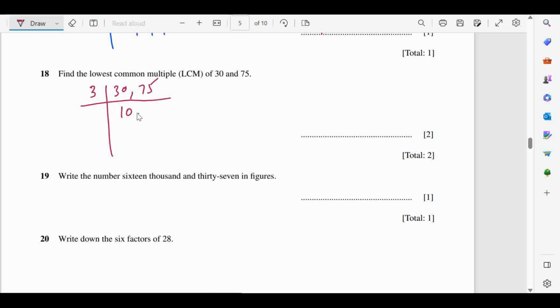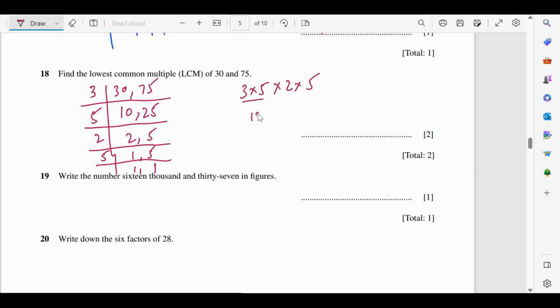So this will be 10, and this will be 25. 3 2s are 6... Then we can take 5. 5 2s are 10 and 5 5s are 25. Then we again take 2, then we again take 5. So this will be 3 into 5 into 2 into 5. So 15, and from here we will have 10. So 10 into 15 will be equal to 150, the final answer.